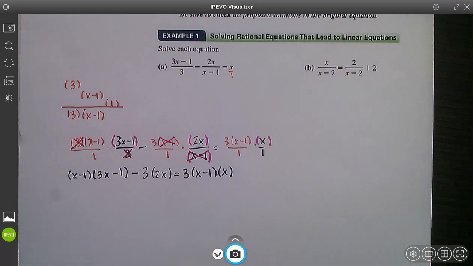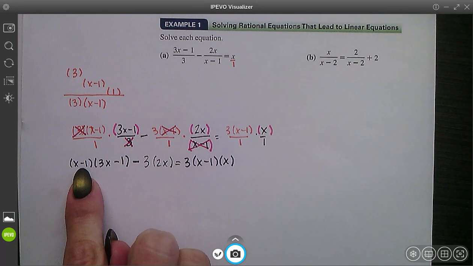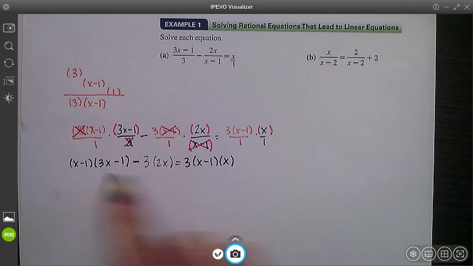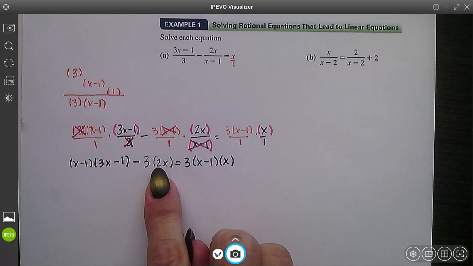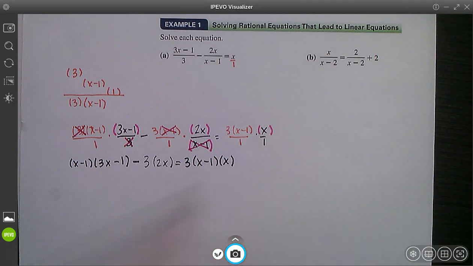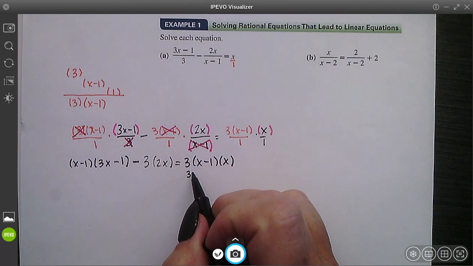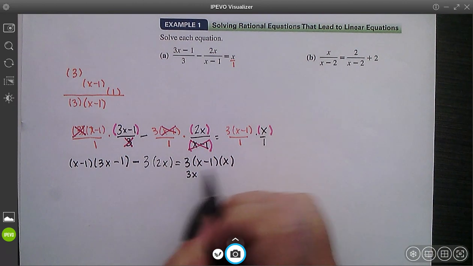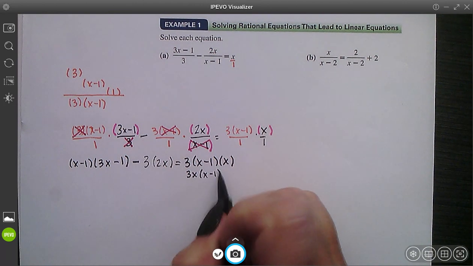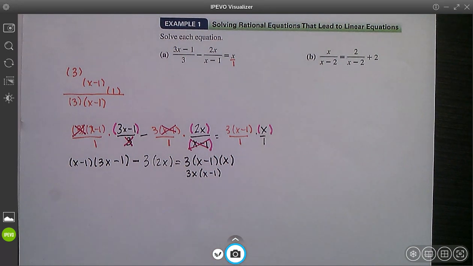Okay. So I have to solve this equation, which makes me have to use a lot of my algebra skills from the past. I'm going to need to box multiply x minus 1 times 3x minus 1. These I'll just multiply regular. And this 3 times x minus 1 times x, I'm going to think about in a different order. I'm going to put the 3 next to the x and then the x minus 1, so I can just distribute that 3x into the x minus 1.